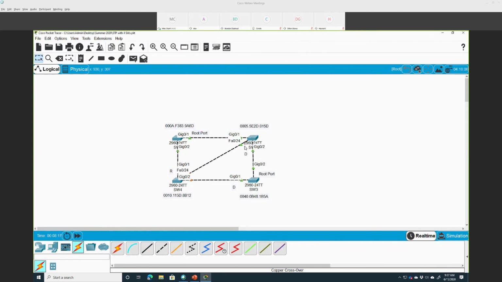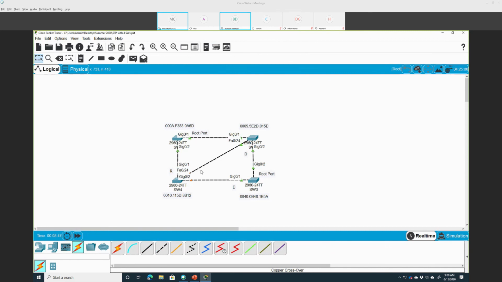Okay, so this is a different result. You see, this is blocked right here. I'm not going to use this one here. We still have the same result. And the reason we still have the same result is, what's the cost for here? 19, because this is fast Ethernet.